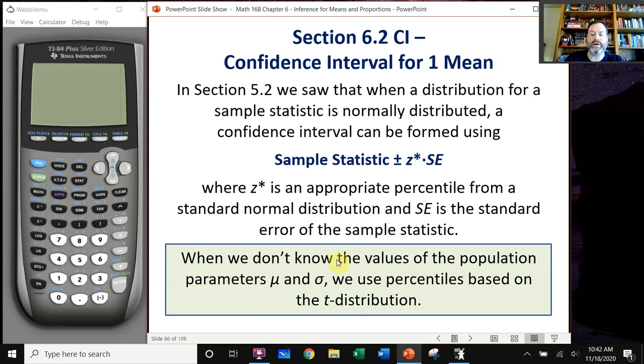So down here at the bottom, we explain what to do. If we don't know mu and sigma, we use the percentiles based on a t-distribution. So that's the third big change from chapter 5 to chapter 6.